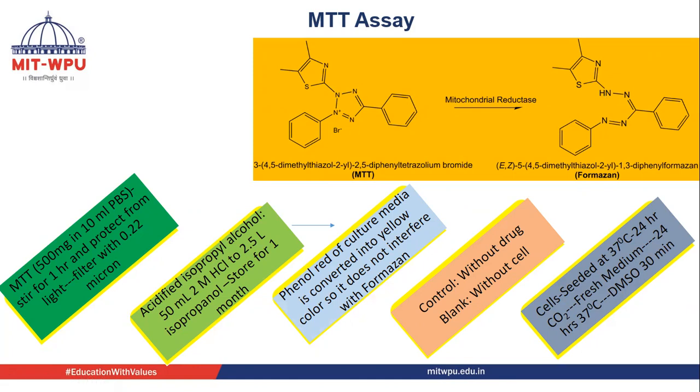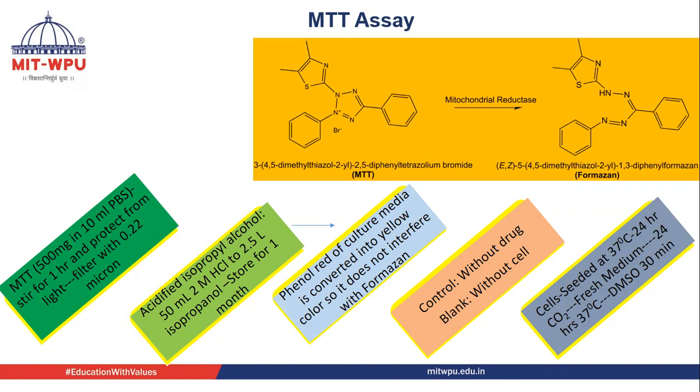For this assay, we need two reagents. First is MTT, and second, for dissolving formazan, we either need acidified isopropyl alcohol or any other suitable solvent like DMSO. So MTT is prepared: 500 mg MTT is taken in 10 ml phosphate buffer solution, and stirred for 1 hour. MTT is very light sensitive, so everything is carried out in a dark area.